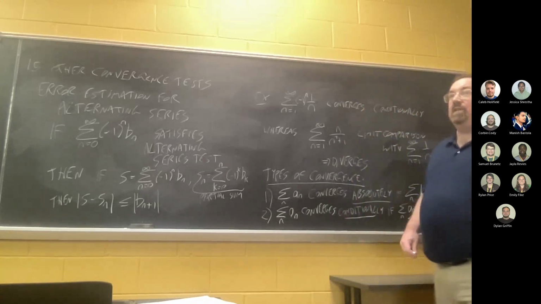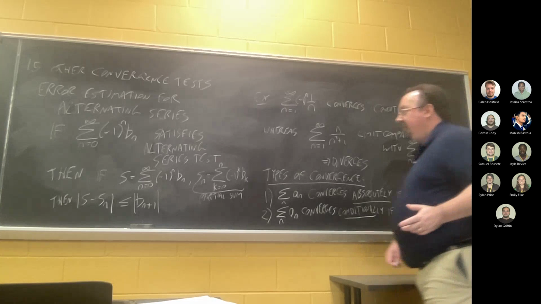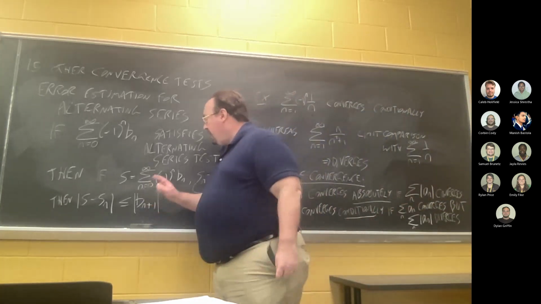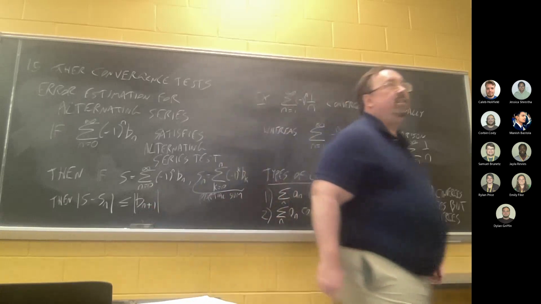So if you start B0 minus B1 plus B2 minus B3 and so forth, up to say B8, then how far away you are from the true sum is at most B9.